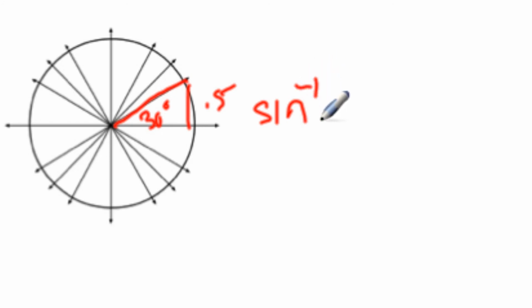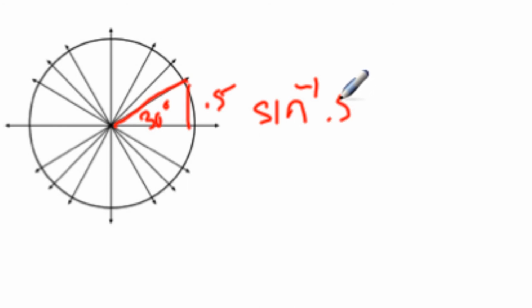The very last point I want to make is a cautionary note about the arcsine function. Consider this angle over here, which is a 30-degree angle, and you are asked to memorize that the sine of 30 degrees is 0.5. So supposing we apply the arcsine function, the arcsine means, okay, give me the value of the sine and I'll tell you what the angle is.